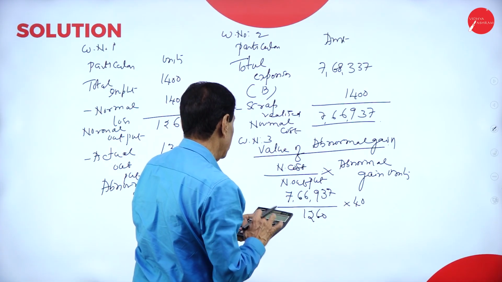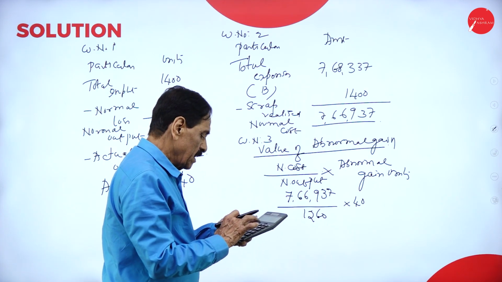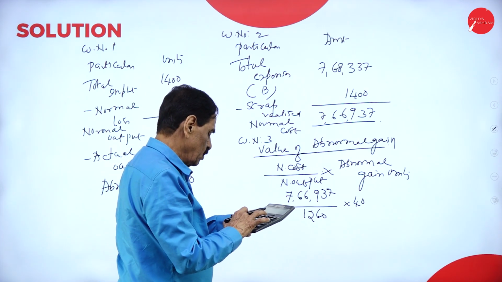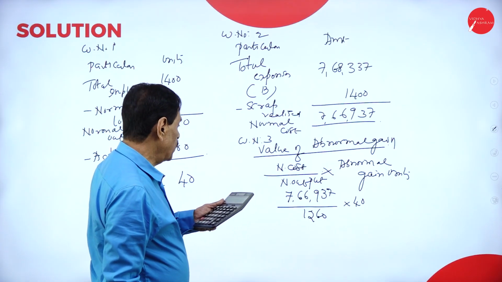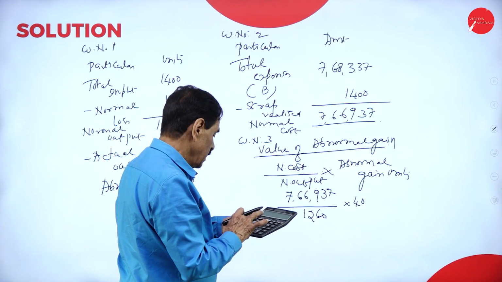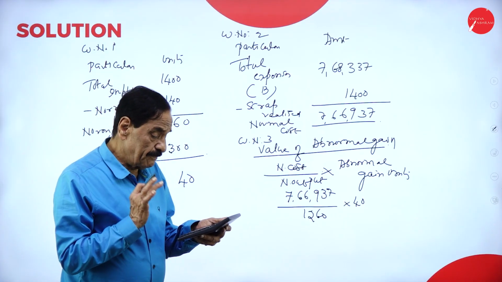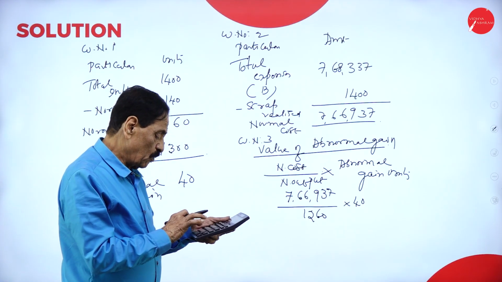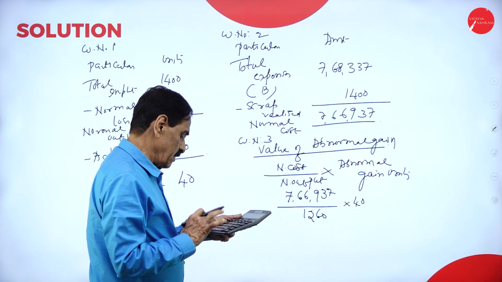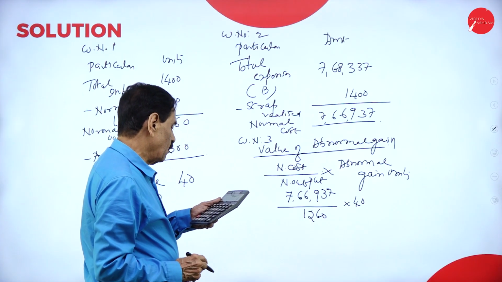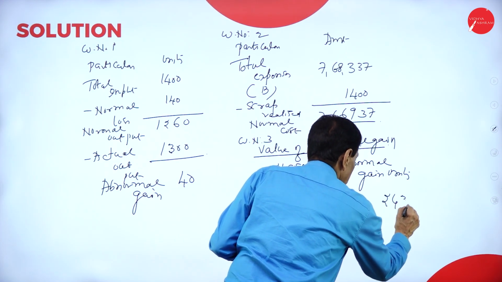So we'll work out 7,66,937 divided by 1,260 multiplied by 40 units, 24,347.